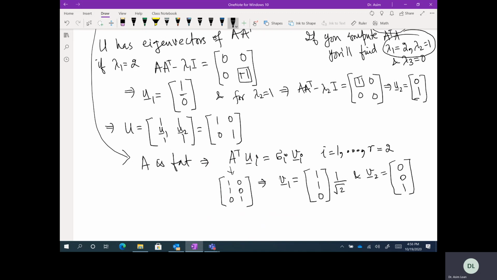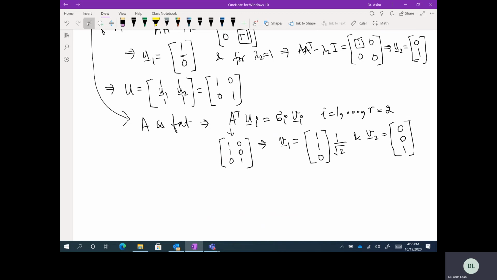And what about A times Vi equals 0 for i equals R plus 1 up to N? So N here is 3. R plus 1 is also 3, so it's only 1.